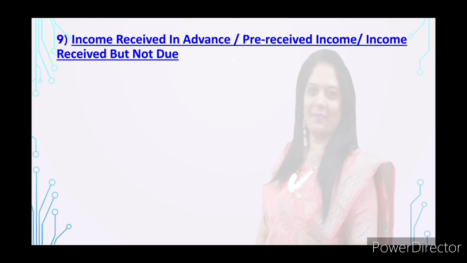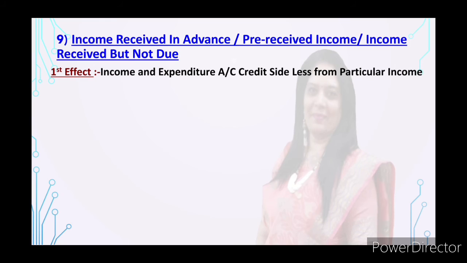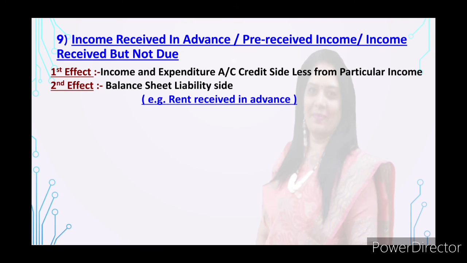Income received in advance: pre-received income, income received but not due. The first effect will be in income and expenditure account credit side, less from the particular income. Second effect is in balance sheet liability side. The example, rent received in advance.